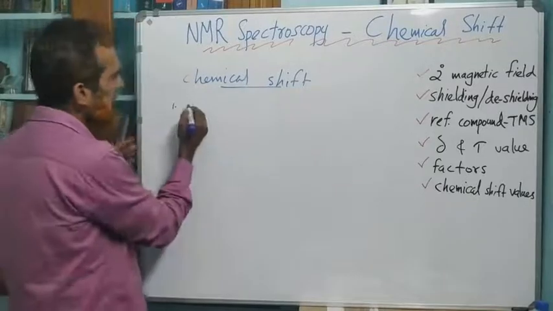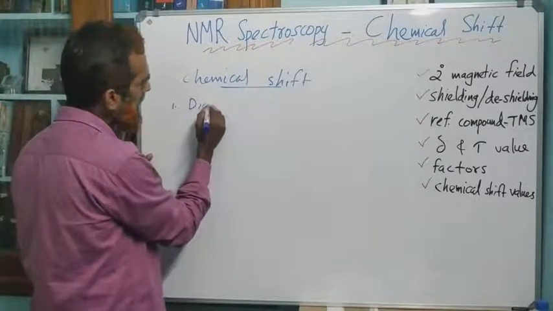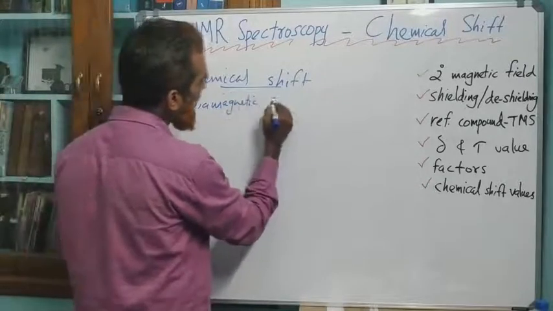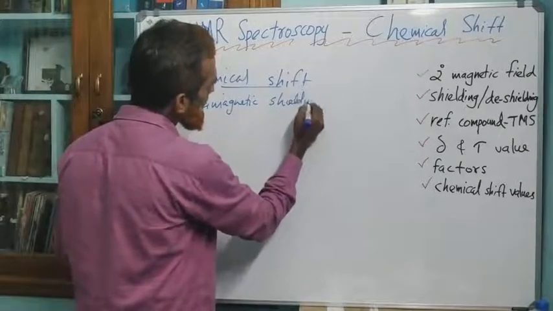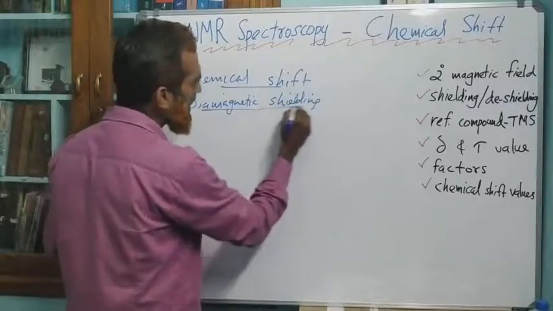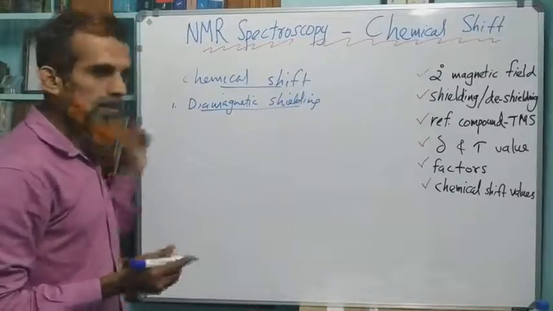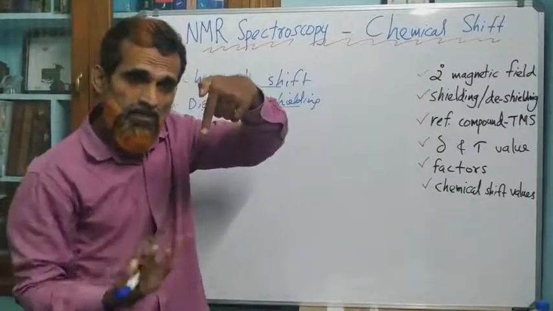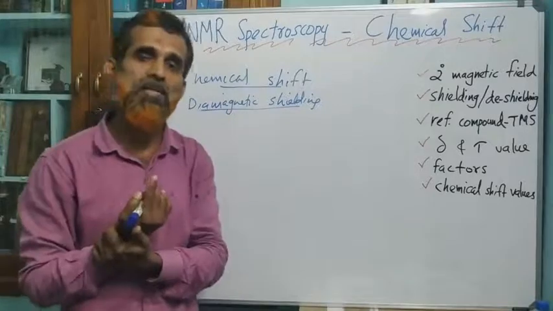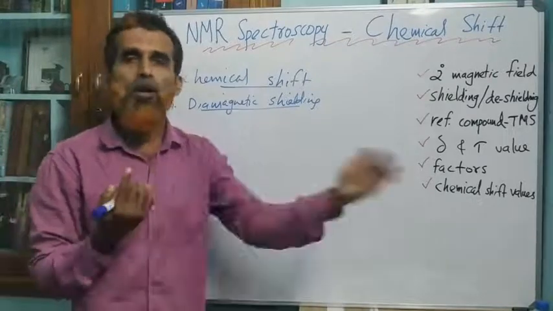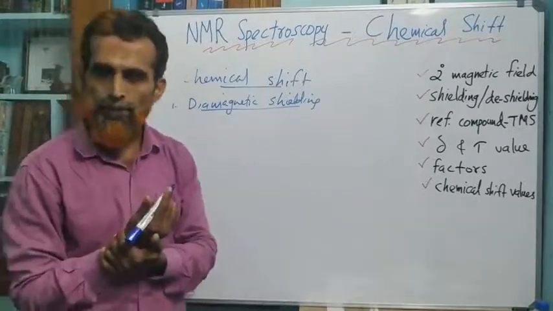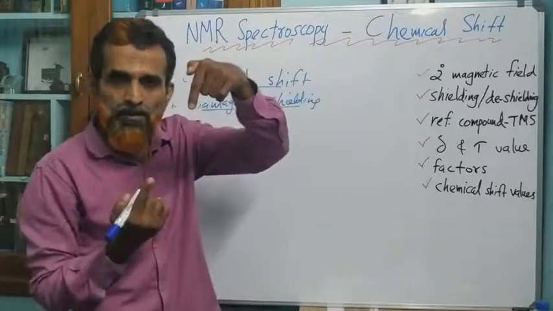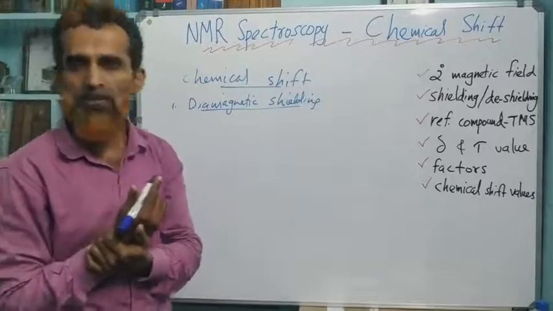That is what is called diamagnetic shielding, by the circulating electron. The more the shielding, the lesser the field experienced by the proton, and the lower the frequency of absorption. The lower the shielding, the greater the field experienced, and the greater the frequency.